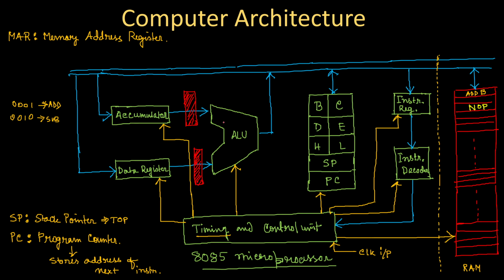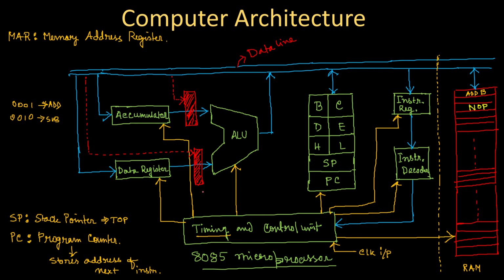So the other input of this multiplexer will be one from here and one from another part, that is this one. And this is my data line where the data is coming.